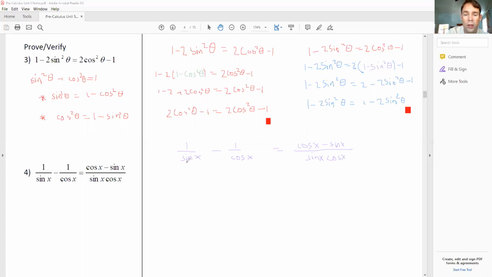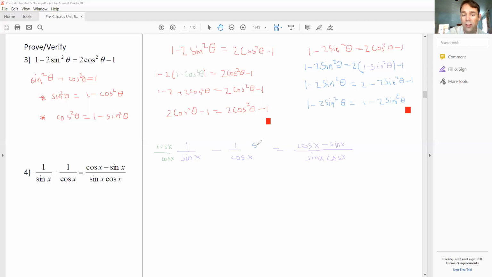So I noticed that the 1 over sine x and the 1 over cosine x have different denominators. So I'm going to multiply by a whole bunch of 1s to get them to have the same denominator. This one didn't have a cosine x, so I'm going to multiply it by cosine x over cosine x. And even though I'm going to multiply the 2 fractions by different fractions, cosine over cosine on this one, sine over sine on this one, they both equal 1.